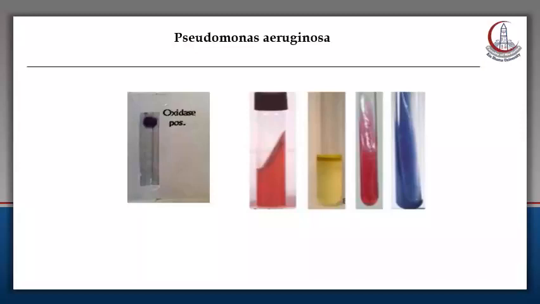The first next step with a non-lactose fermenting colony bearing Gram-negative bacilli is doing the oxidase test. Don't forget, the oxidase test is the left picture. The concept of the oxidase test is that we use a paper strip and put a colony from the plate on it.